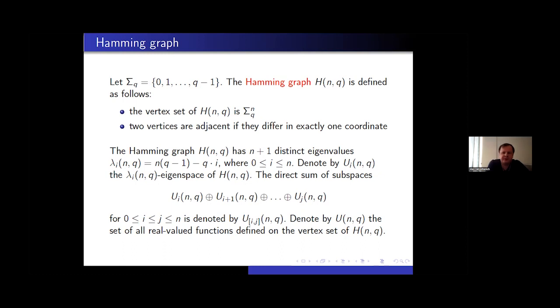The direct sum of subspaces U i, U i plus 1, and so on, U j is denoted by U i,j of n,q, and the set of all real valued functions defined on the vertex set of the Hamming graph is denoted by U of n,q.